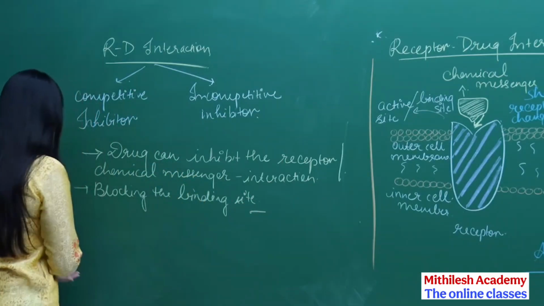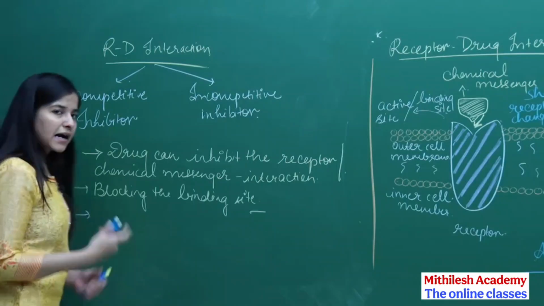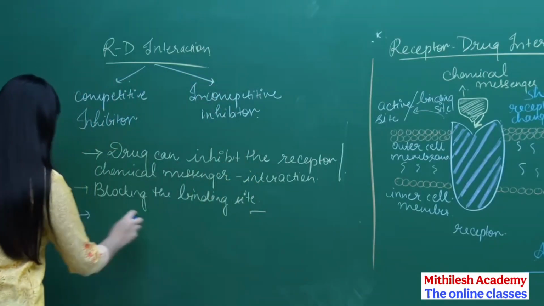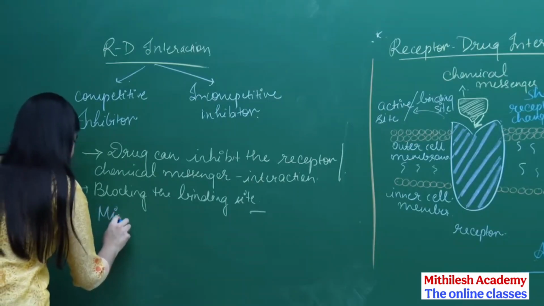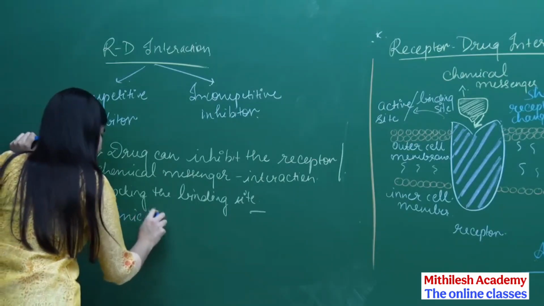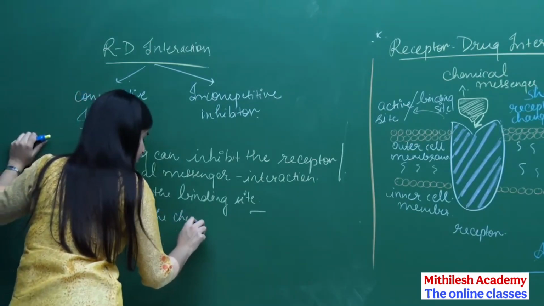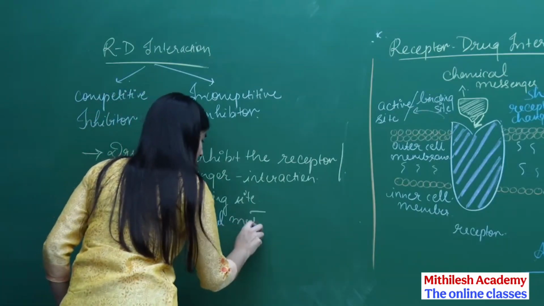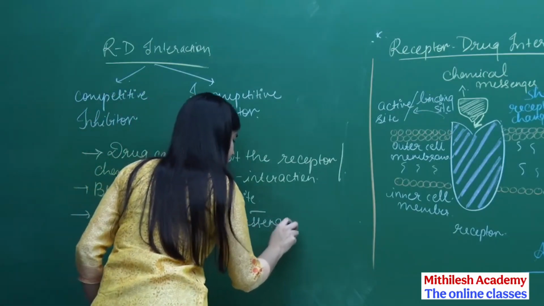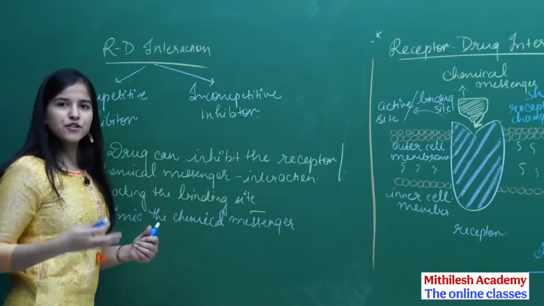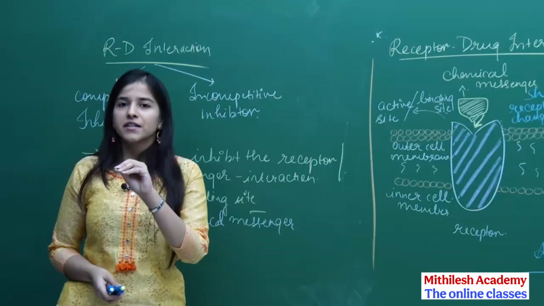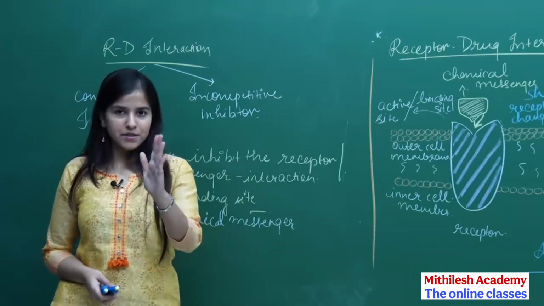And what is the second thing over here? Again, it can mimic the chemical messenger. So a similar kind of method, similar kind of ways of having its prime target and actually hitting it bang on.